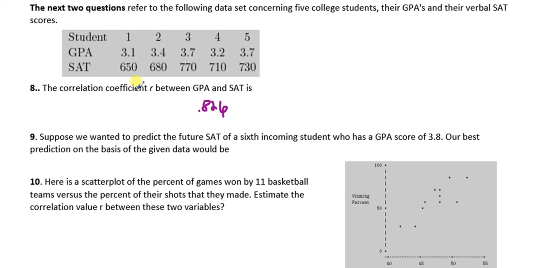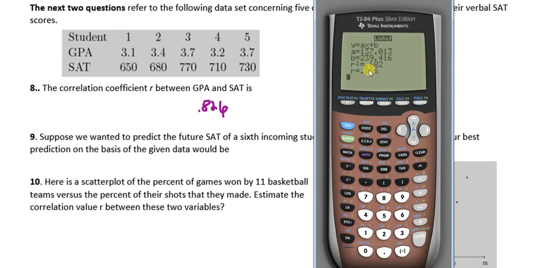If we want to estimate based on our linear regression line that's right here, we'd have 137x plus 239.